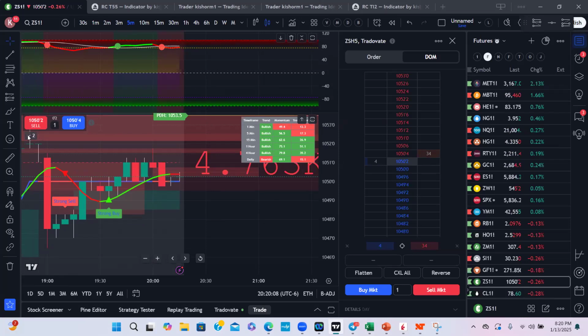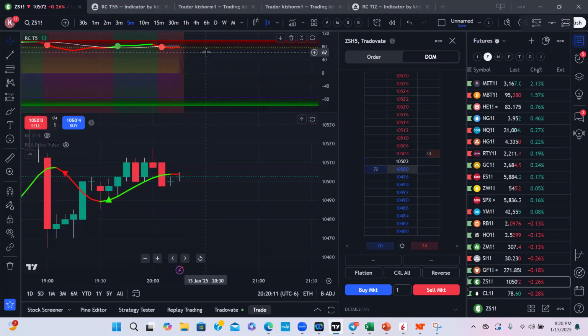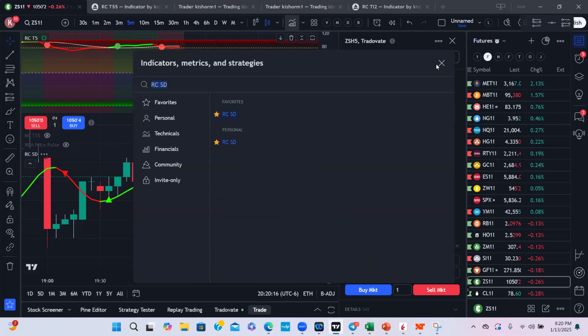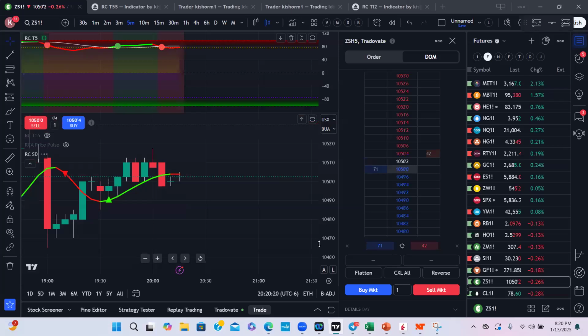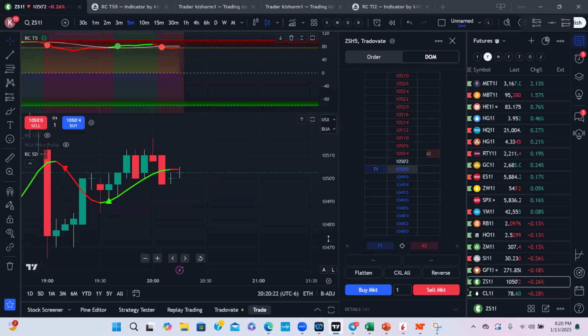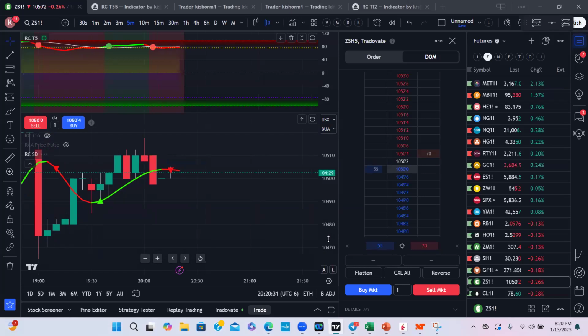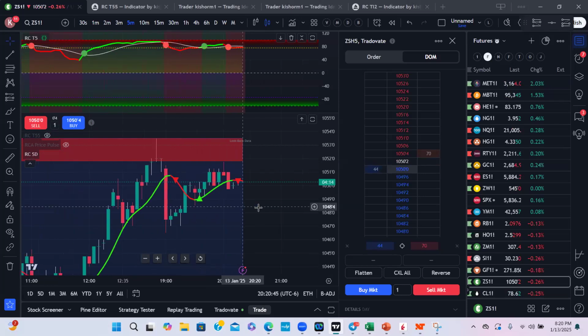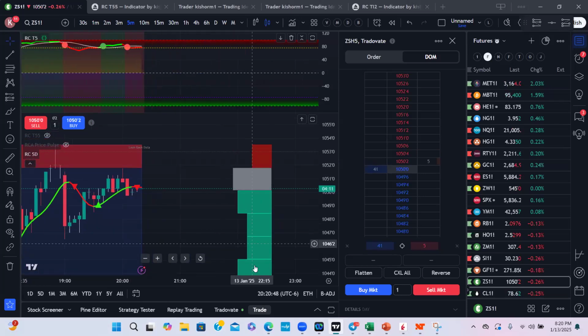For example, CSD will tell you where you have the buyers, where you have the sellers, and it shows all the supply zone, demand zone, similar to price pulse, but you have your supply zone here, and you have all buyers here.